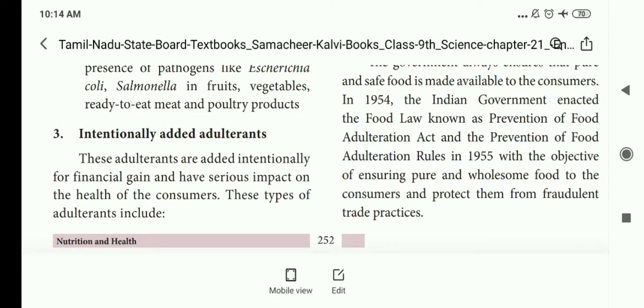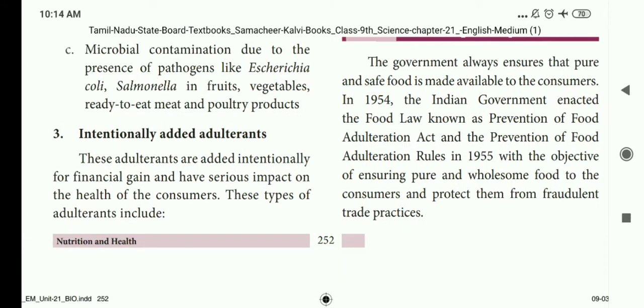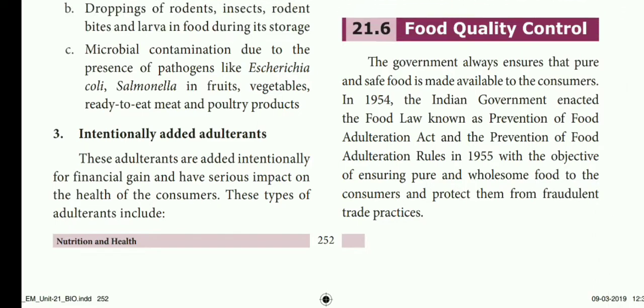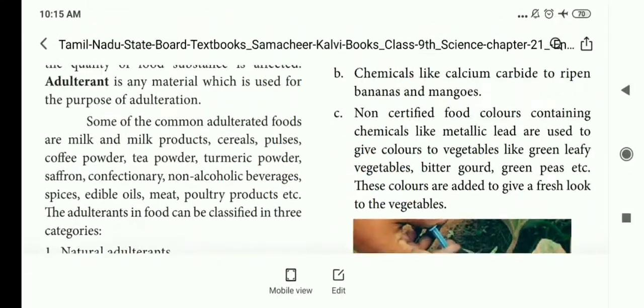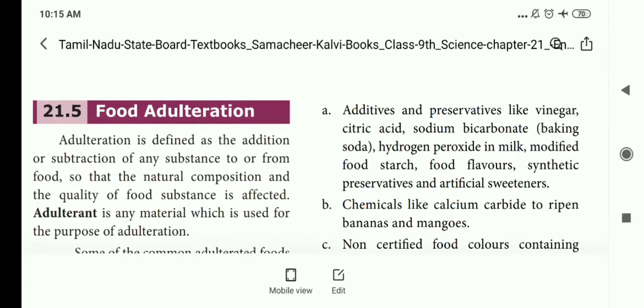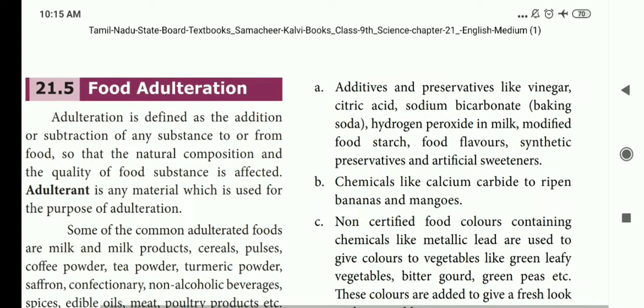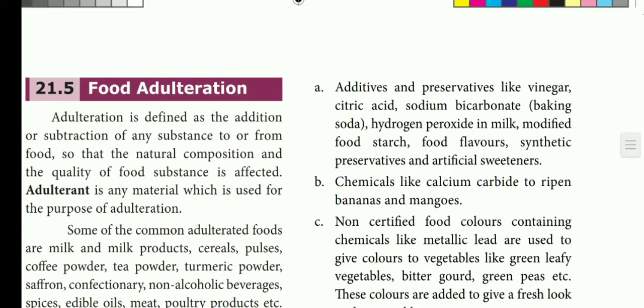Then intentionally added adulterants. These adulterants are added without the knowledge of the people. They are added intentionally for financial gain and have a serious impact on the health of consumers. These types of adulterants include additives and preservatives like vinegar, citric acid, sodium bicarbonate, that is baking soda.